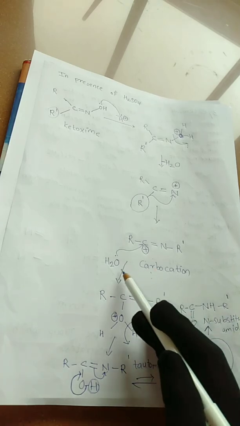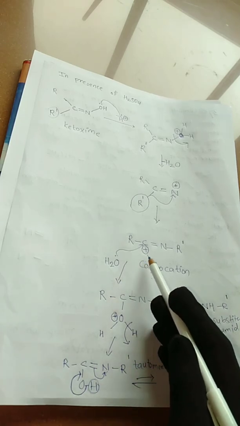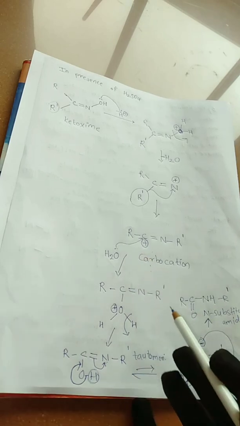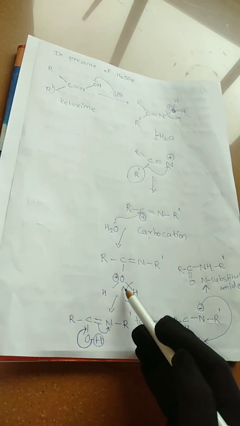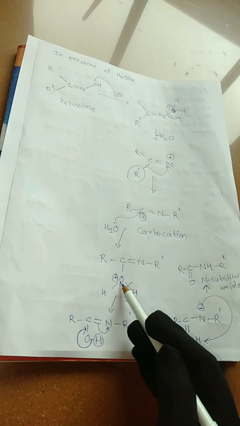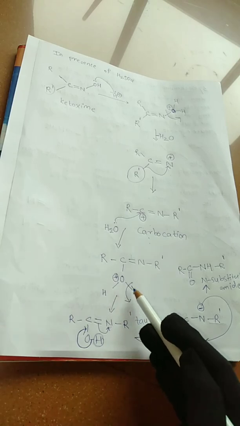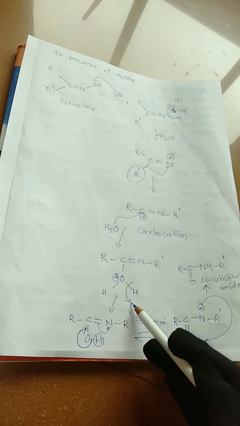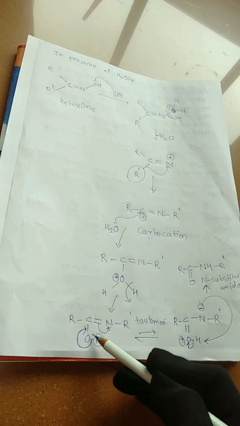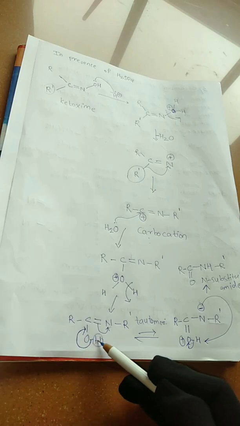After having a carbocation we will take a water molecule, and after the attack we will get this, and what you have to do is make the oxygen neutral. How will you get this? By deprotonation. So here you can see this OH.